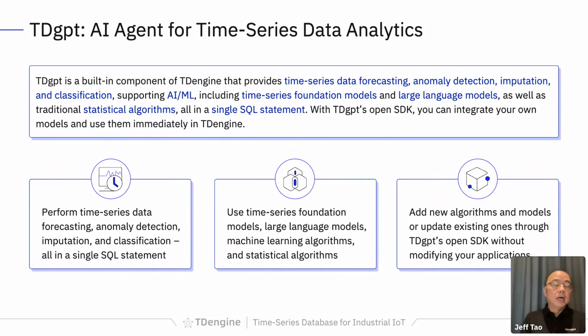It supports AI and machine learning, including time series foundation models and large language models, and also traditional statistical algorithms. And the best part is you use those functions in just one single SQL statement. It's a standard SQL function.